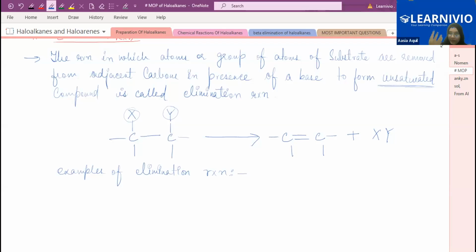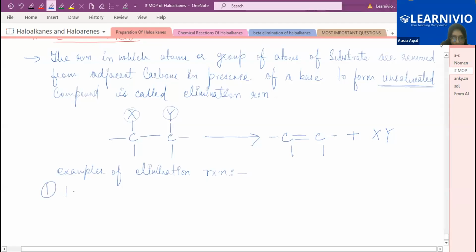Dehydration again is a type or example of elimination reaction. Similarly, dehydrohalogenation. Dehydrohalogenation means D means removal, hydro means hydrogen, and halogen means halogen group. Hydrogen और halogen group को आप remove कर रहे हो, HX को आप remove कर रहे हो. So that is again a type or example of elimination reaction. Okay, so write down the examples.